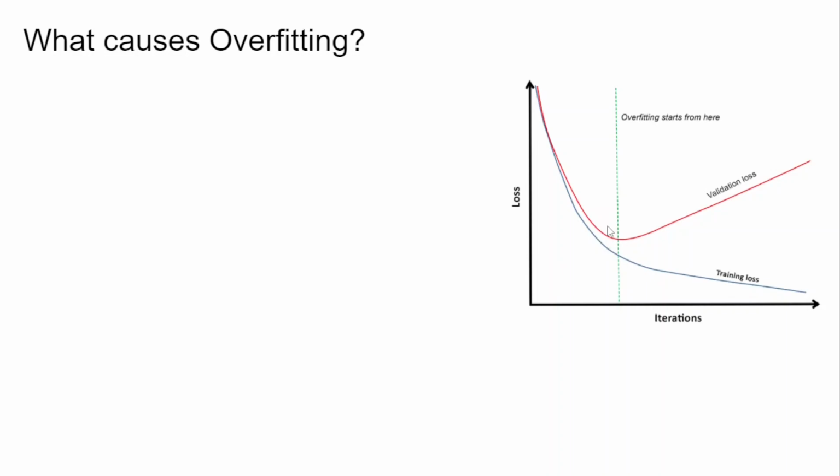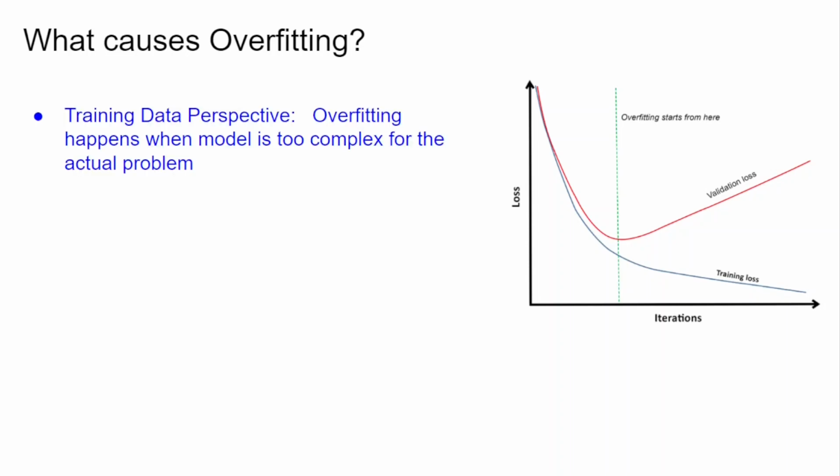So we have to ask this question: what is causing the overfitting? Because fundamentally, we want to get to the bottom of this problem and solve it. There are a few perspectives we can take. The first perspective is the training data perspective, which is that overfitting happens because the model is too complex for the actual problem.